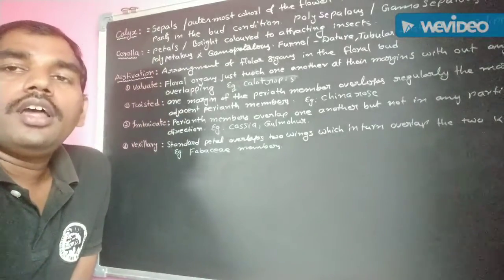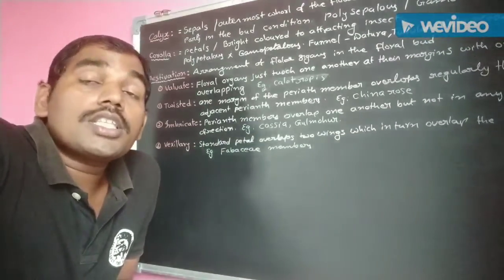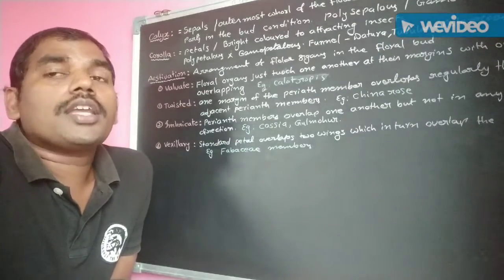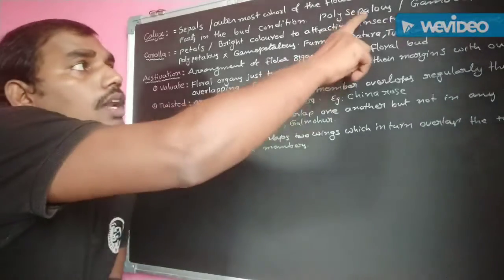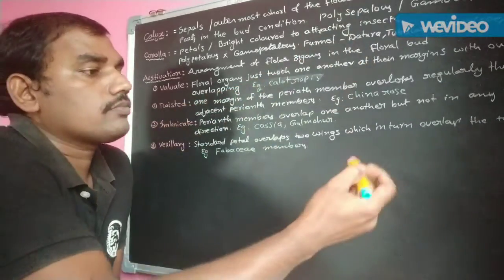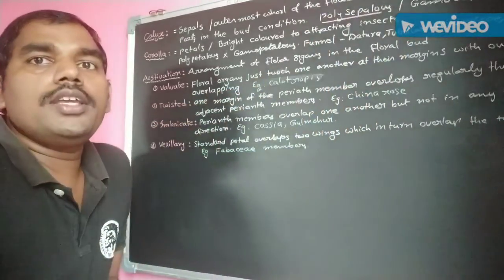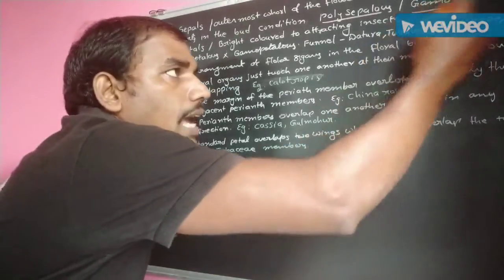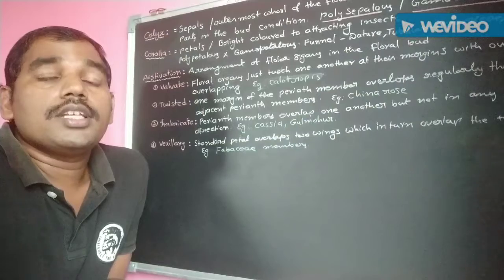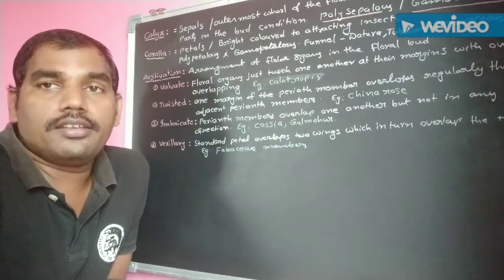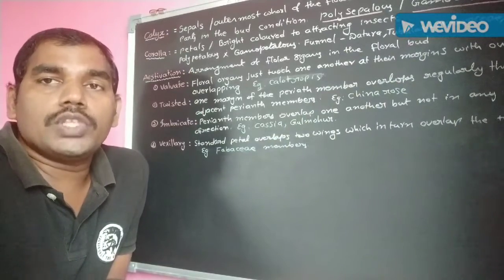Understand? Next, these sepals, that means the calyx, are either polysepalous or gamosepalous. Polysepalous means sepals are free, not fused with one another.